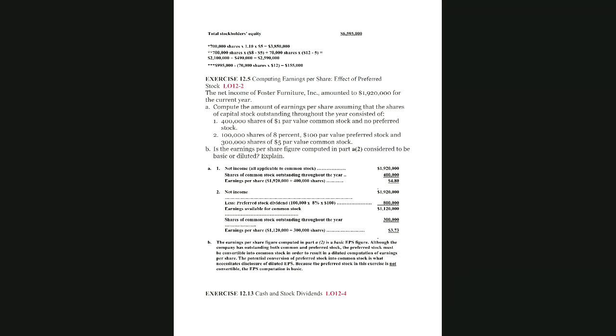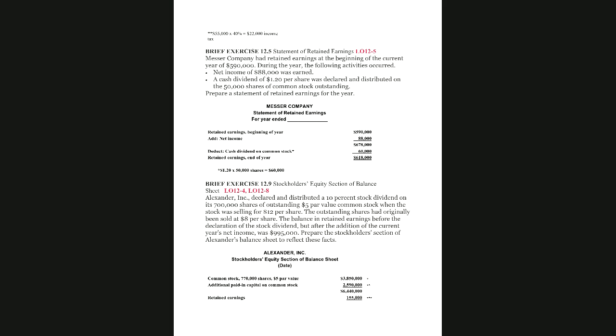Times $3, right? 700,000 shares times $3. So after the original sale, we started out with a balance of $2,100,000 in the additional paid-in capital account.